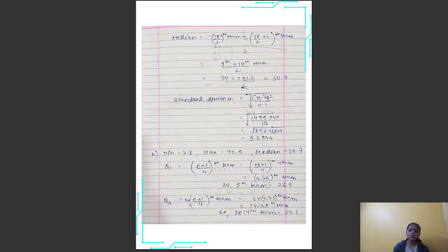Similarly, for the third quartile, 3 into (n plus 1) by 4th term, when we substitute n as 18, we get the 14.25th term, which is approximately the 14th term. From the sorted data, our 14th term is 34.1.